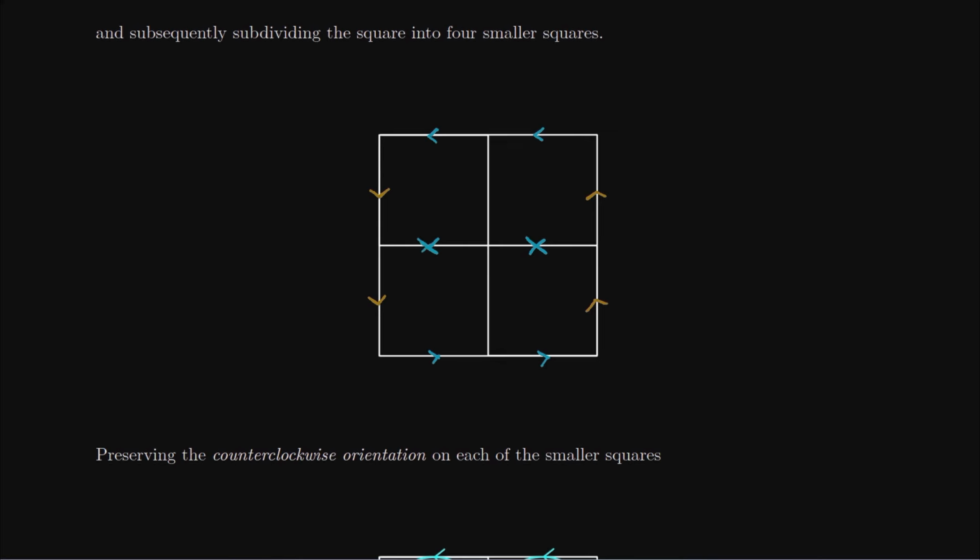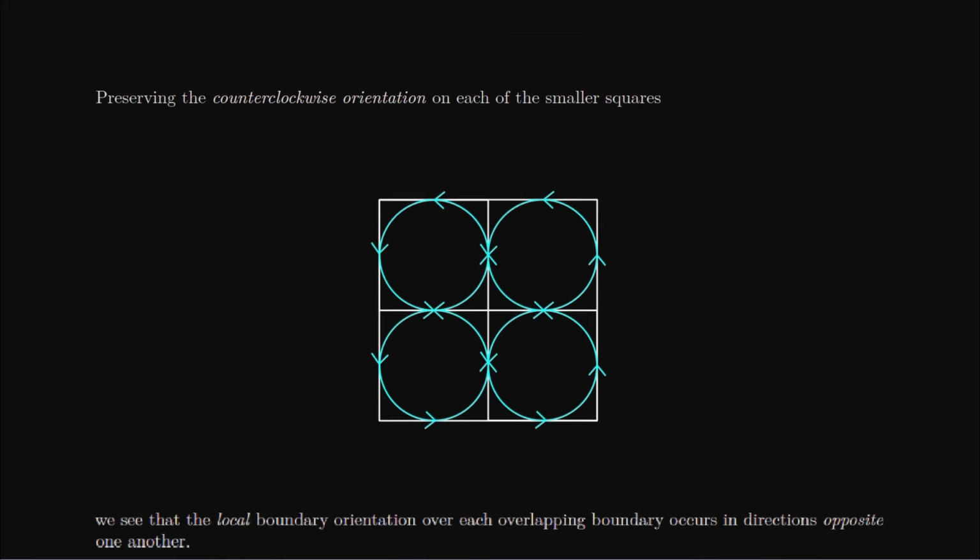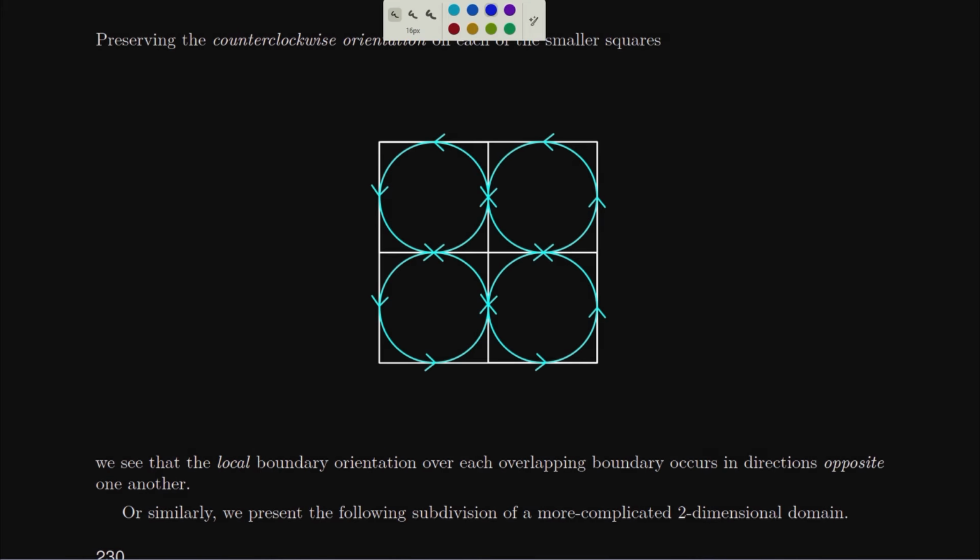I'll get a left here and a right there as well. And I will get an up here as well as a down here, and an up here as well as a down here. And what's going to happen is all of these interiors, because you have exactly one orientation in one direction and one orientation in the other, are always going to cross each other out. And it's only the true boundary orientation that remains when you integrate over this larger region.